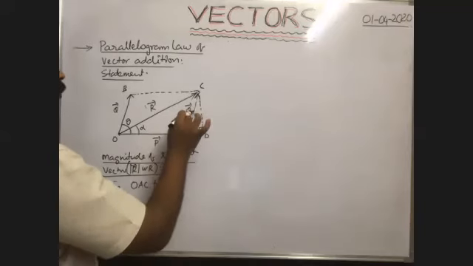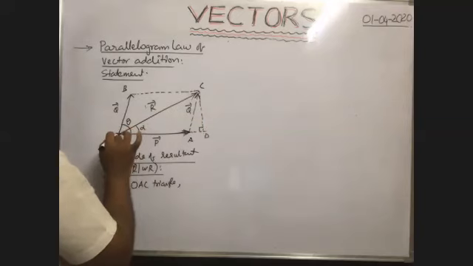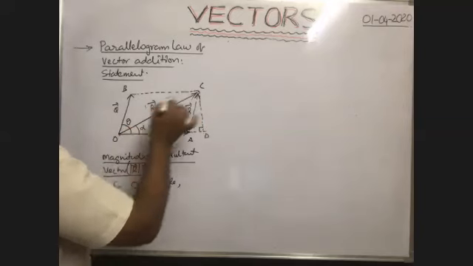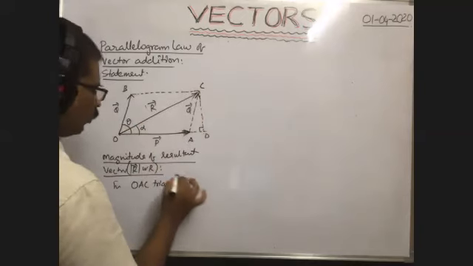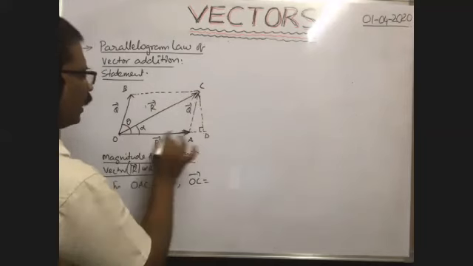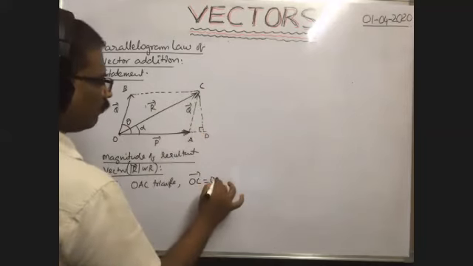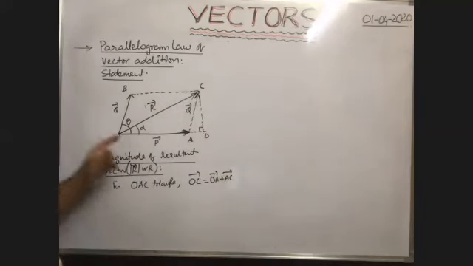When you add these two, the resultant is given by the line joining the initial point of the first vector and the final point of the second vector. That means OC. That's why from the triangle OAC, OC bar is equal to OA bar plus AC bar. At the beginning only I said this concept. OC bar means R bar.